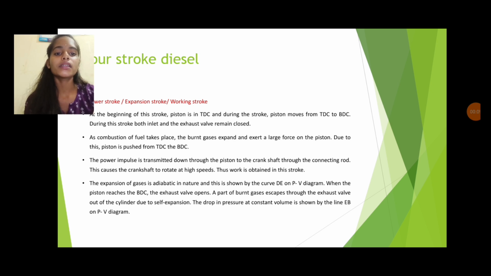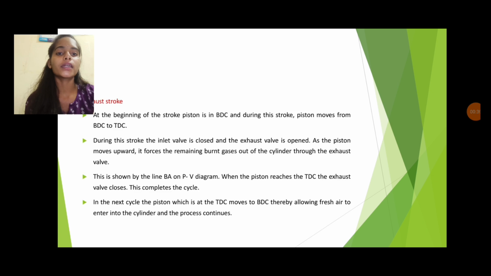When the piston reaches the BDC, the exhaust valve opens. Part of the burnt gases escape through the exhaust valve out of the cylinder due to self-expansion. The drop in pressure at constant volume is shown by the line EB on the PV diagram.